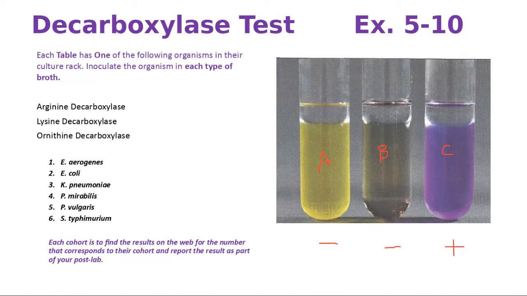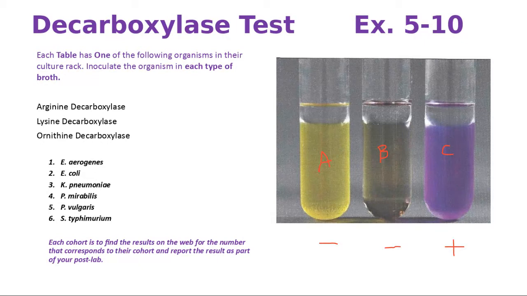Are these tests valid? Yes. Why? Because it has the sterile mineral oil. Okay, good. And it's created an aerobic environment, yes or no? No, it's anaerobic. Okay, very good.